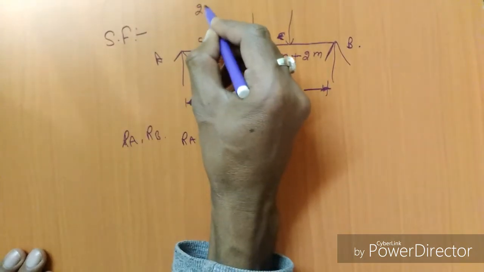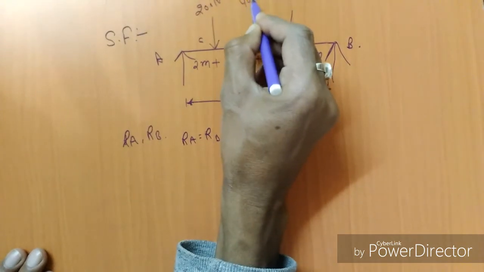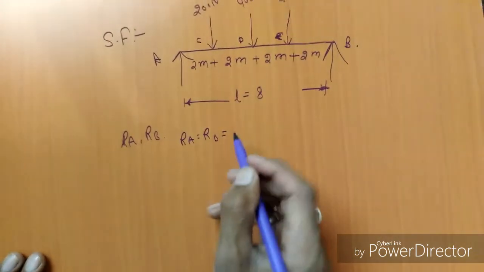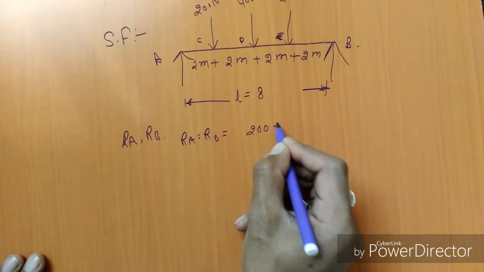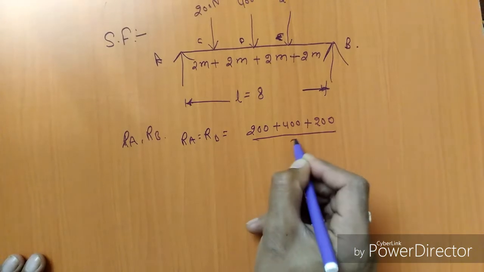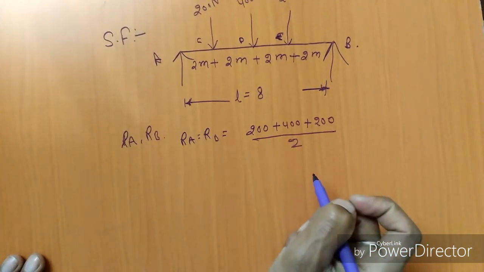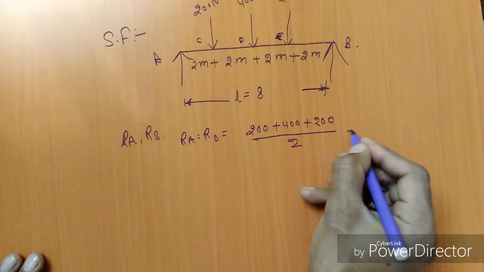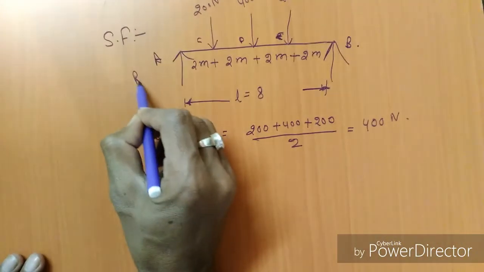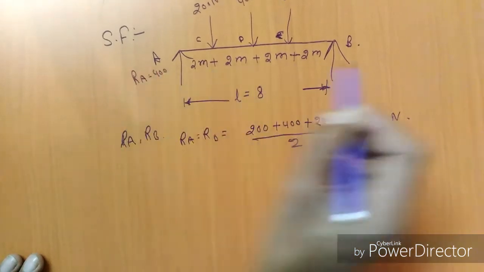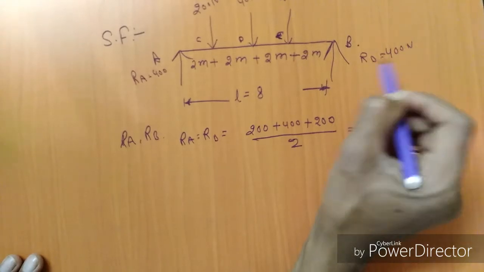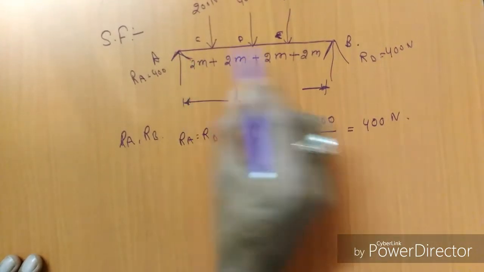Suppose this is 200 Newton, this is 400 Newton, and this is 200 Newton. So to calculate the reaction, sum of all loads divided by 2, that is 400 Newton. So the reaction at RA is equal to 400 Newton and at RB is equal to 400 Newton, which is upward in direction.